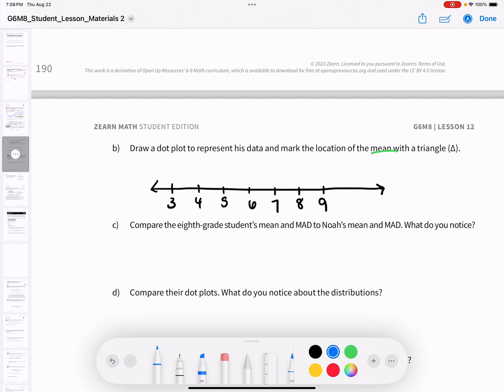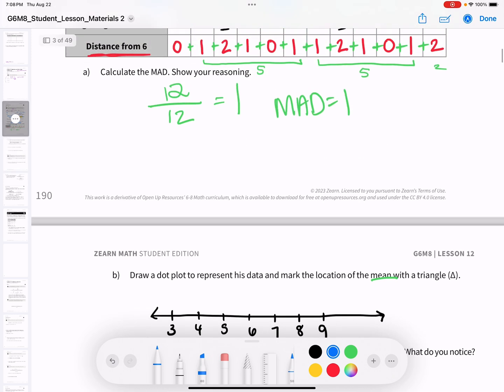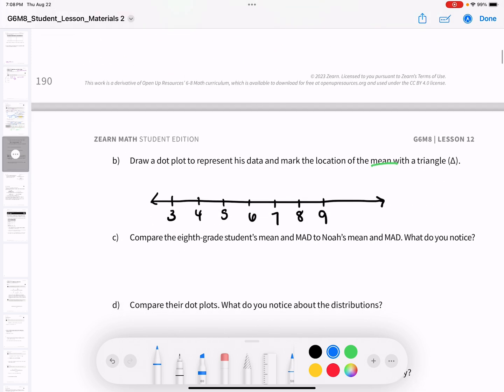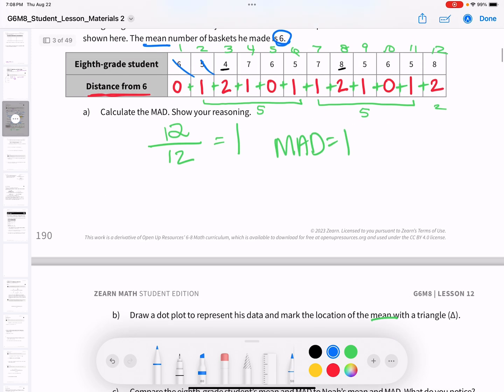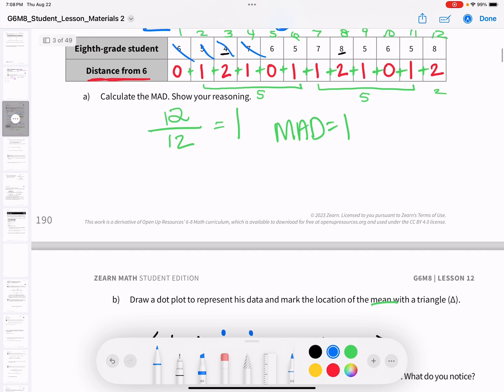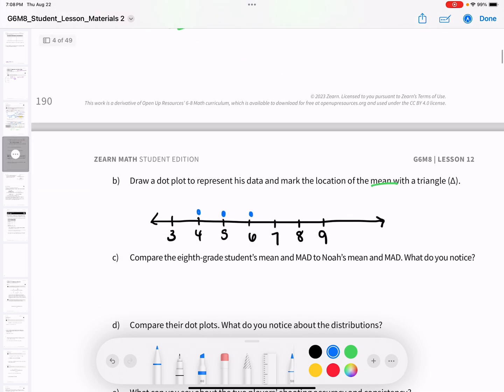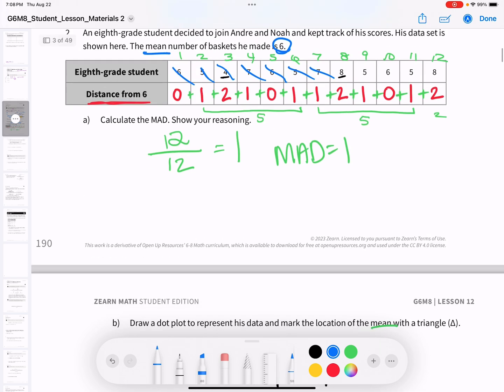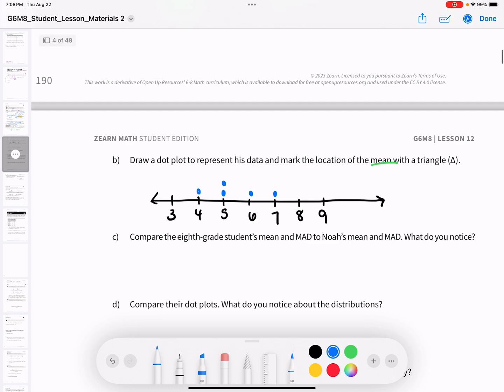So he has a 6 and a 5. He has a 4 and a 7. He has a 6 and a 5 and a 7. So 5, 6, 7.